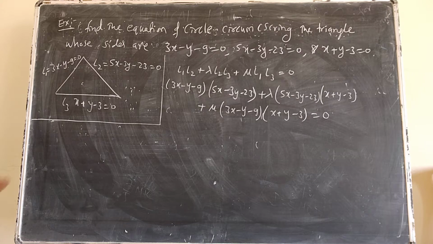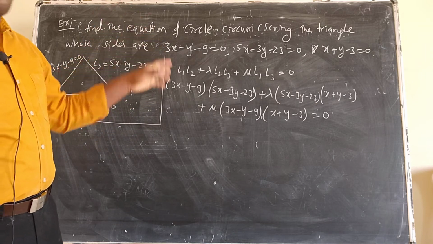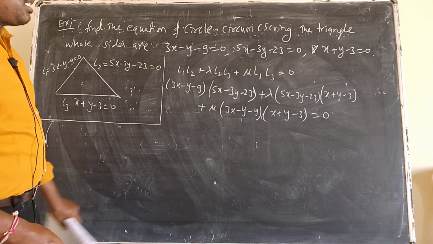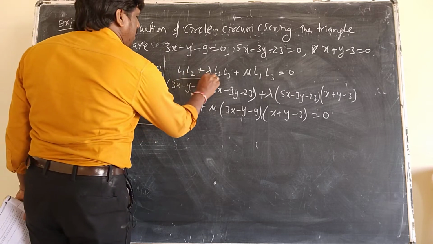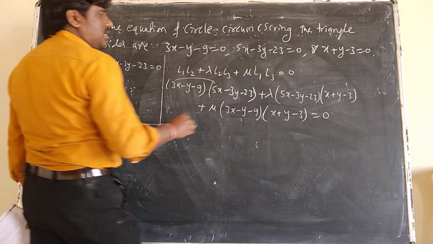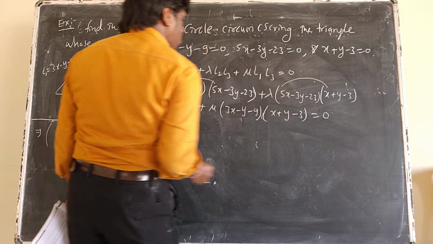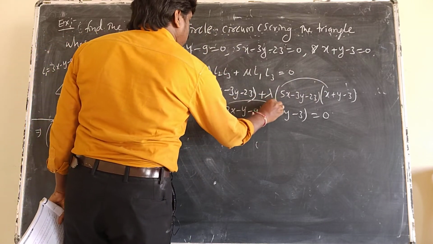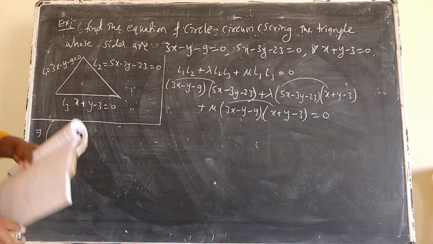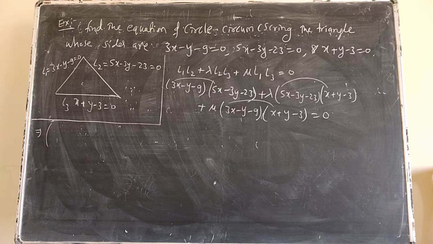So now what do we do here? We multiply these. I multiply the first two equations. See, if you multiply everything out, it takes a lot of time. So consider what x square we are getting. If I multiply this, I get x square; this, I get x square; this, I get x square. Am I right? So make the x square group.